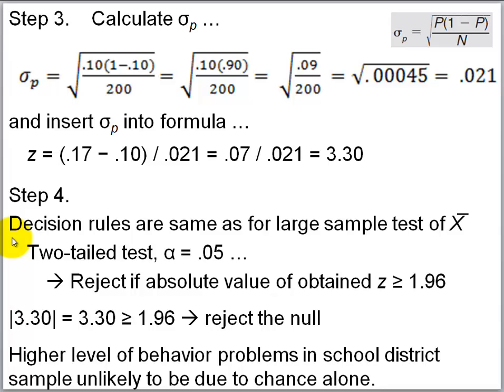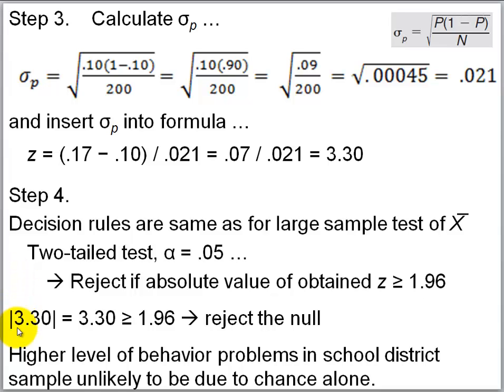So all of these decision rules are stated in chapter 15, which covers the large sample test of x bar. Now, for a two-tailed test where alpha equals 0.05, the decision rule calls for rejection if the absolute value of the obtained z is greater than or equal to 1.96.